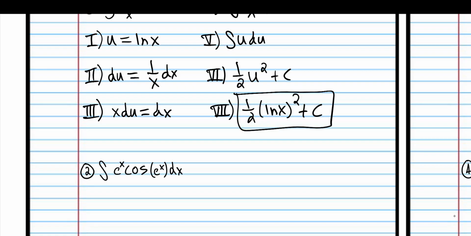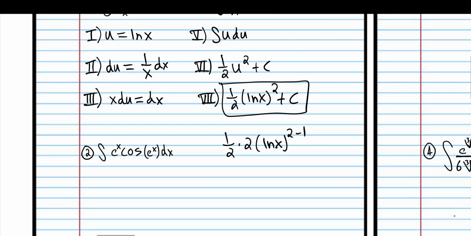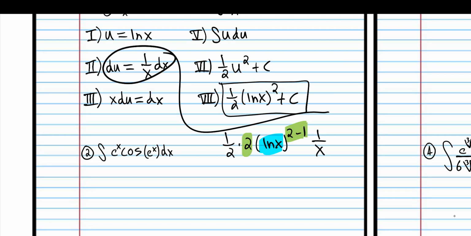We're going to find the derivative of the outside function, so we're going to bring that 2 down and subtract 1. That was the derivative of the outside function. We're going to keep the inside function, and then we're going to multiply by the derivative of the inside function, but the derivative of natural log x is 1 over x. Remember, we talked about that over here.